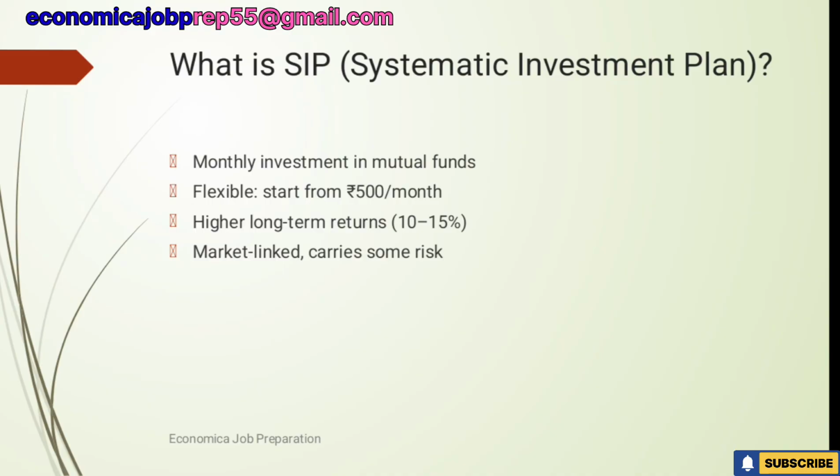But disadvantages of SIP are market risks, ups and downs, requires patience for 5 to 10 years. For example, if you invest 2000 per month in SIP for 5 years, that obviously gives you 12 to 15% return. The maturity is approximately 1.67 lakh.